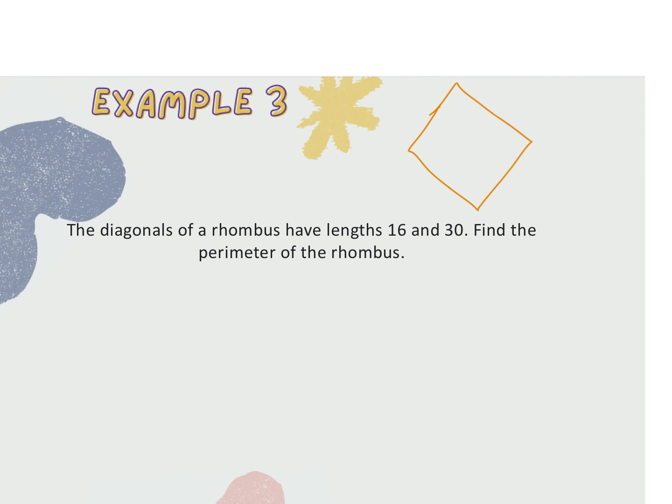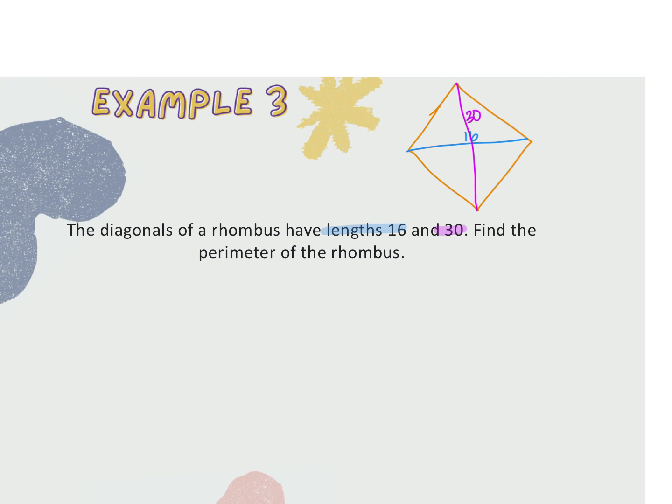And it says the diagonals of a rhombus have a length of 16 and 30. So that means one length is 16 and one length is 30. So looking at my rhombus, I have 16 for this entire side and 30 for my entire purple side.